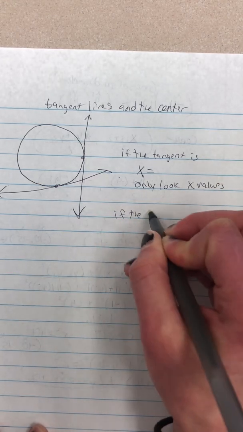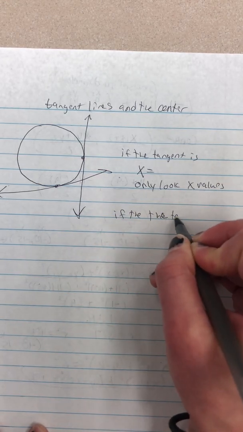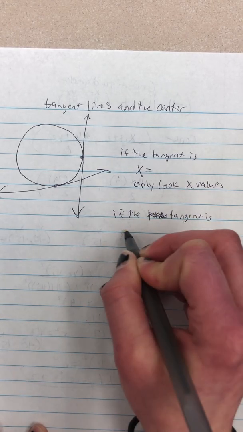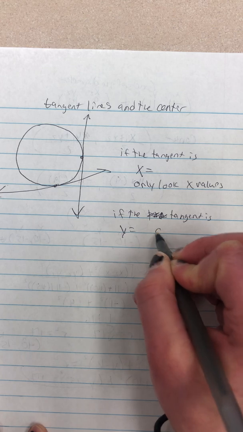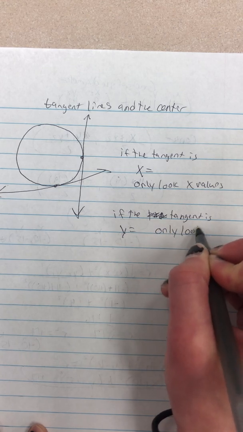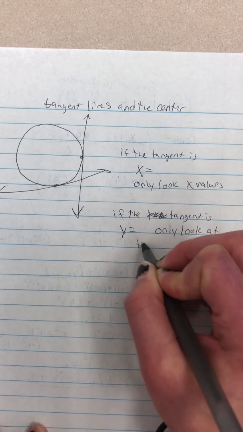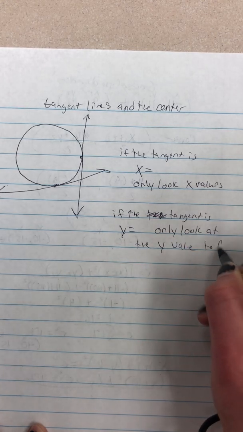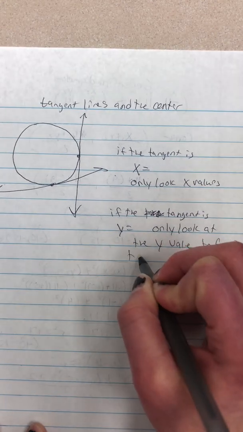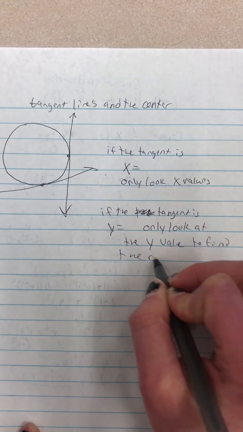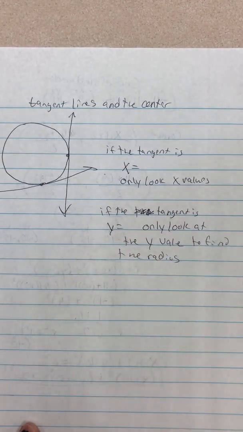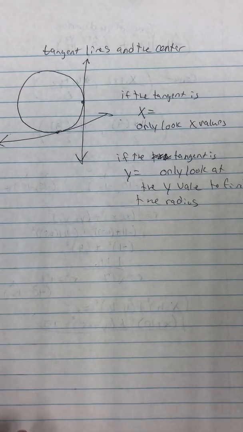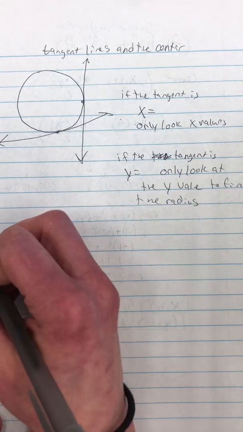If the tangent is y equals, only look at the y value to find the radius. That's what we're going to look at today. So I'm going to give you guys an example.